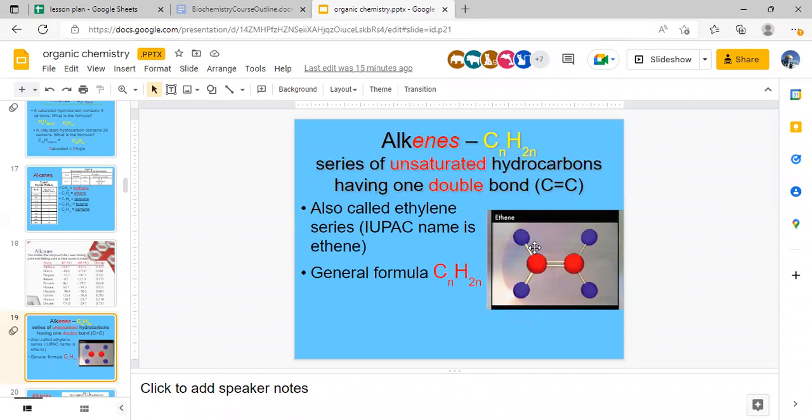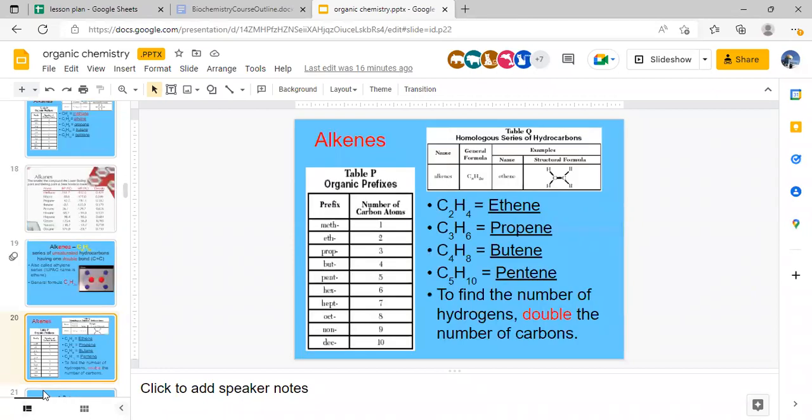Ngayon, dahil nagkaroon ka ng bond between carbons, mawawala yung extra 2 hydrogens. So yung general formula mo, basta doble lang ng hydrogen. So CnH2n. So twice the number of carbons yung hydrogen. So meron kang ethene, meron kang propene, butene, pentene, ganun din.